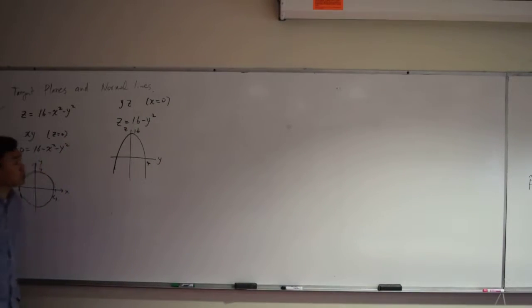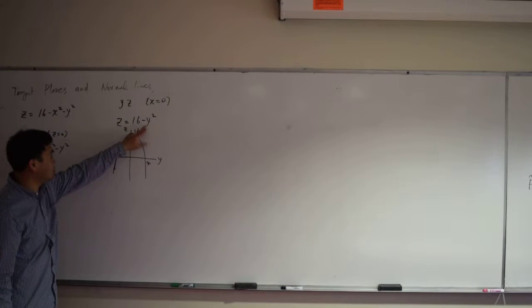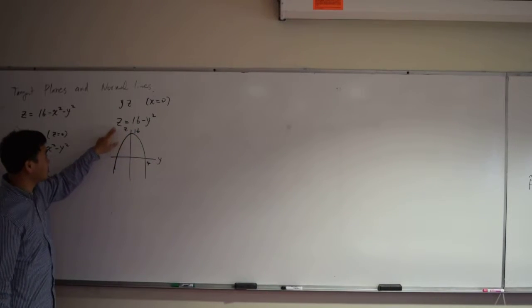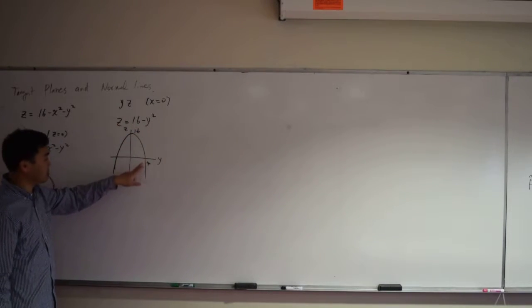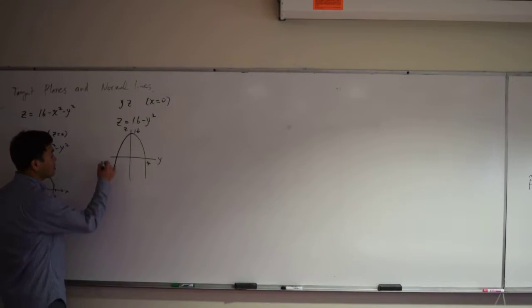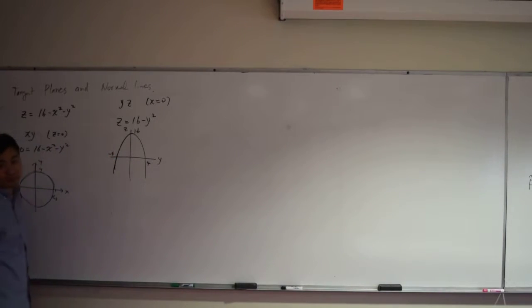It's an upside down parabola whose z-intercept is 16 if you set y as 0. And if you set z equal to 0 and solve, you get y equal to 4 and negative 4. So it's this parabola. Now if you look for the xz trace, that's setting y as 0, and it's the same story. z equals 16 minus x squared, an upside down parabola just like this.